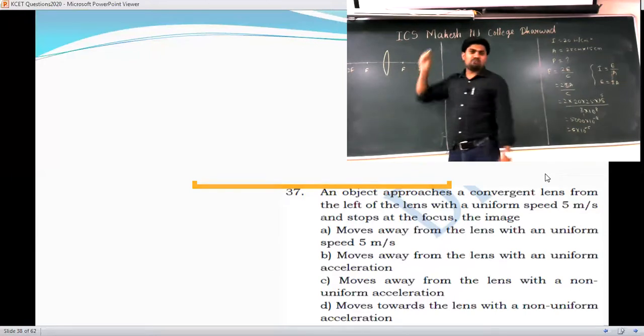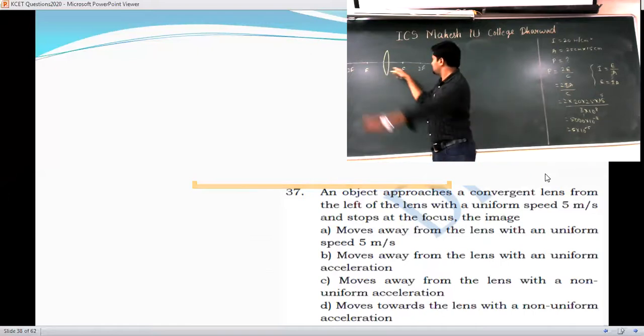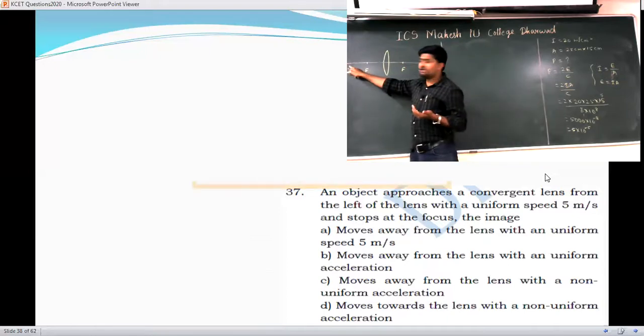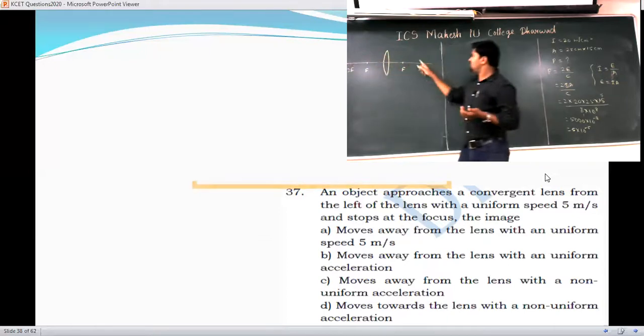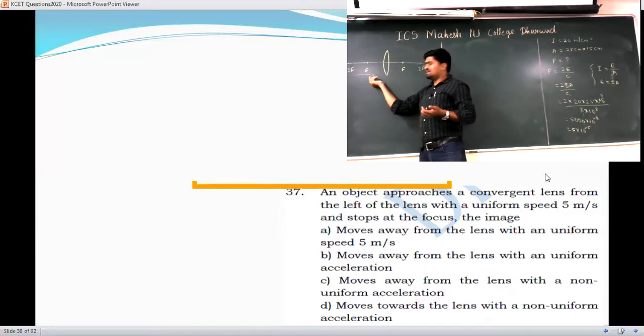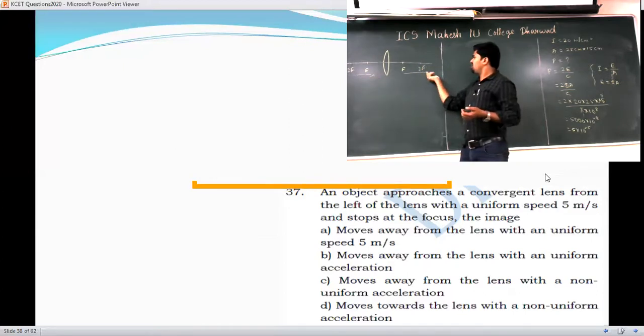First the object was at infinite distance, and the image is formed at F. Now the object is coming nearer and nearer, and it reaches 2F, so the image is formed at 2F. Still further, if the object is moving towards the lens, then the image is going away.